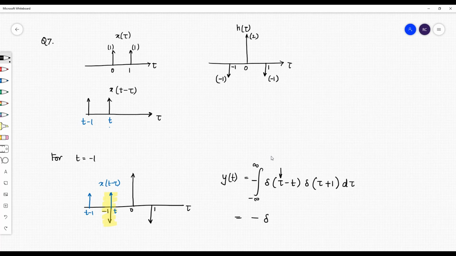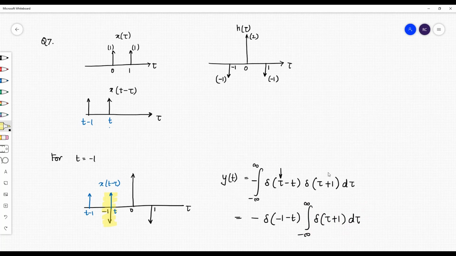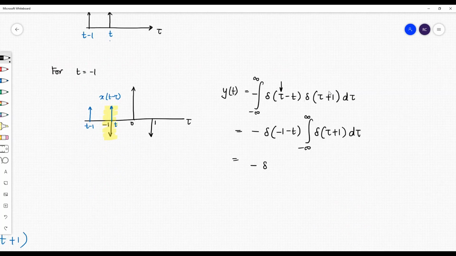That means I could have written this as delta(minus 1 minus t) times the integral from minus infinity to plus infinity of delta(tau plus 1) d tau. Now we already know that this term is equal to 1, right? So all we've got is minus delta(minus 1 minus t).